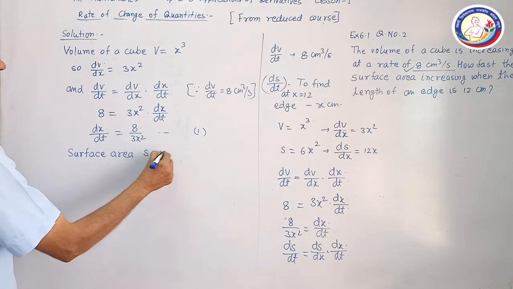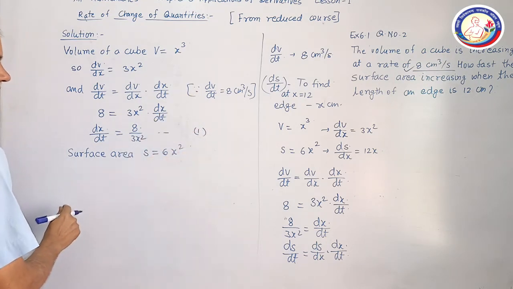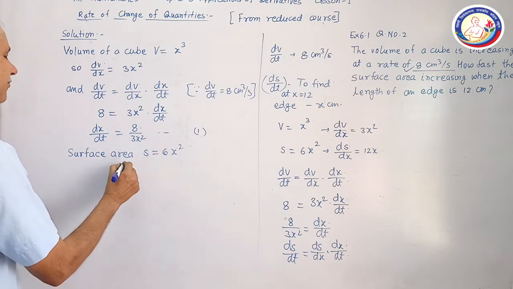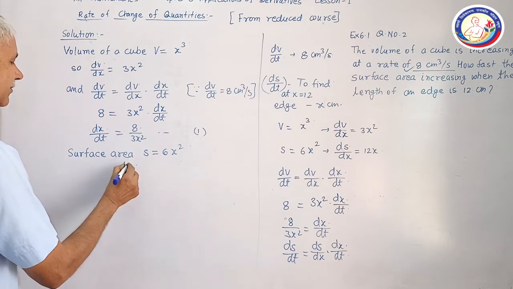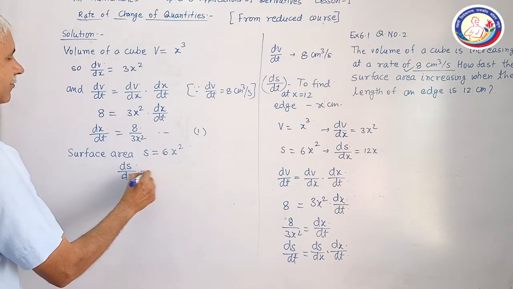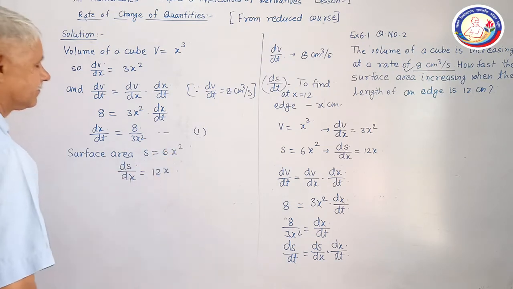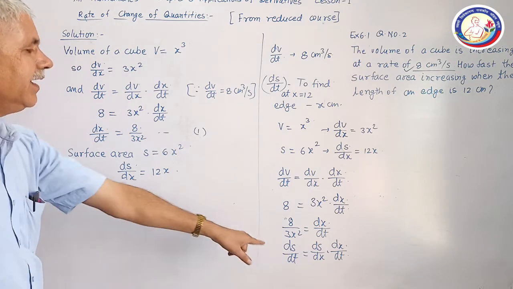Now what is the surface area? Surface area S is 6x square. On differentiating both sides with respect to x, we will have ds by dx equal to 6 into 2, that is 12x. Now by chain rule, what is ds by dt?